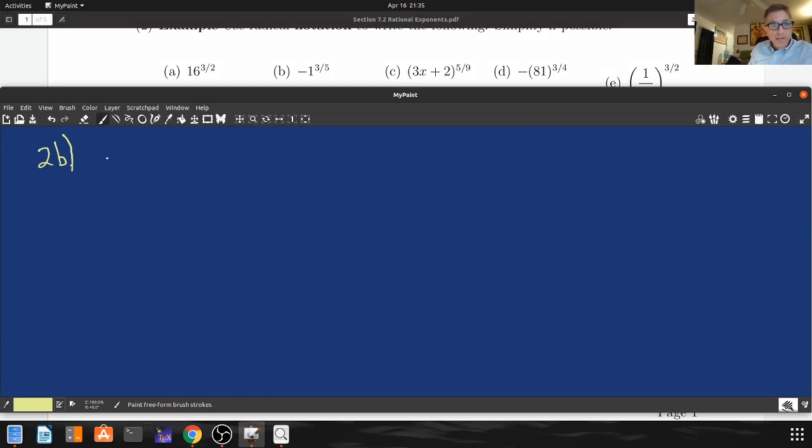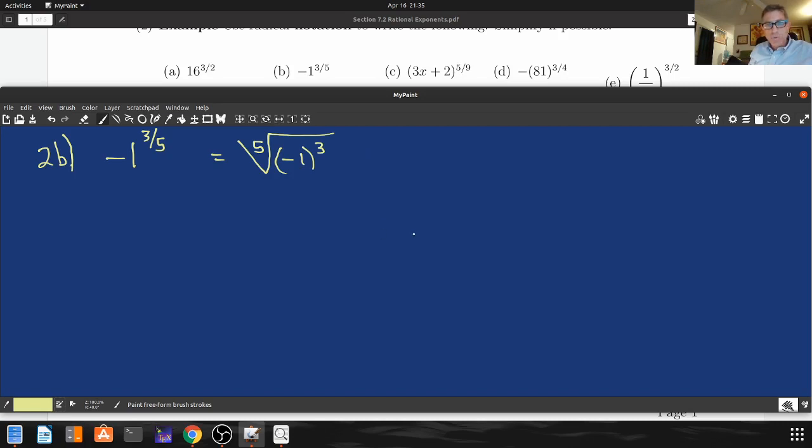So we have -1 to 3/5. Well, by definition, this is the 5th root of -1 raised to the 3rd. Well, can we in any way simplify this?